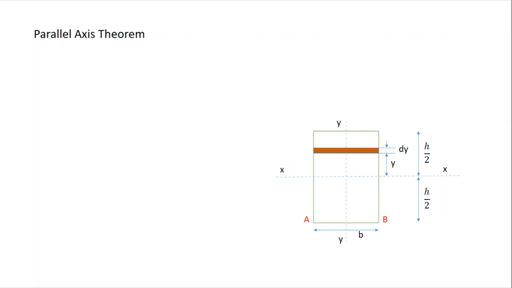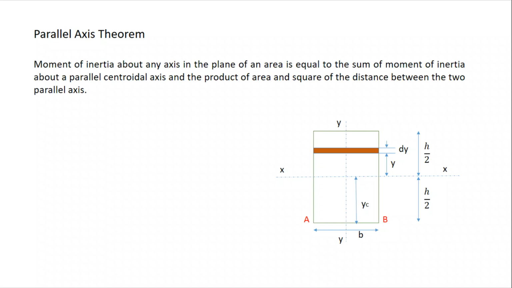The rectangle width is b, with height h by 2 above the x axis and h by 2 below the x axis, and from AB the distance to the centroidal axis is yc.